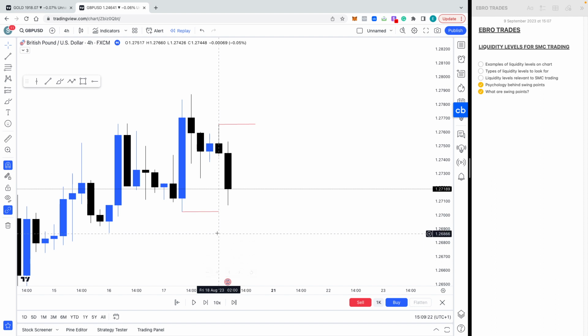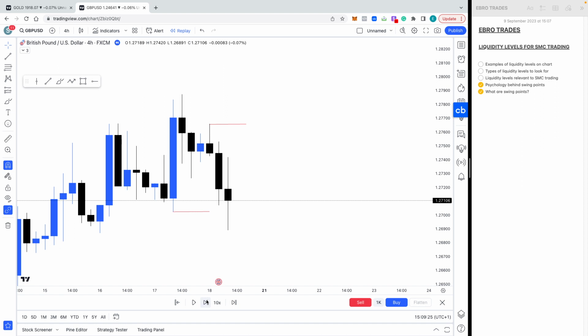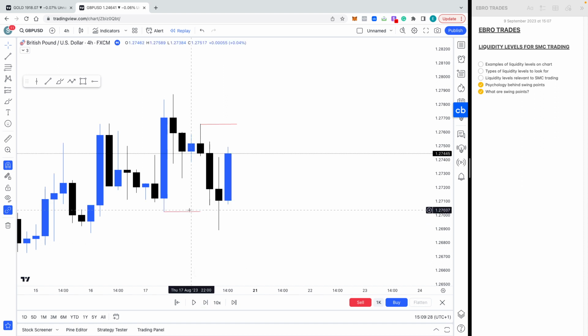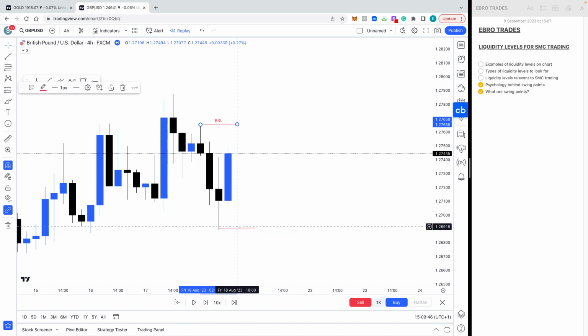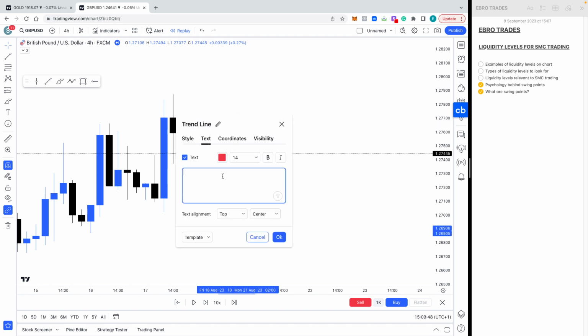Let's see if anything comes up for the sell side. Okay, sell side liquidity is formed here because we've got higher lows to the left and to the right of this bearish candle. This is our updated buy side liquidity, BSL, and this is our updated sell side liquidity, SSL.